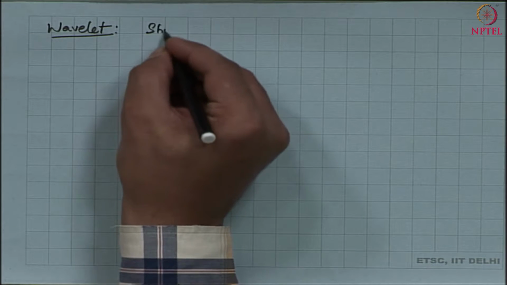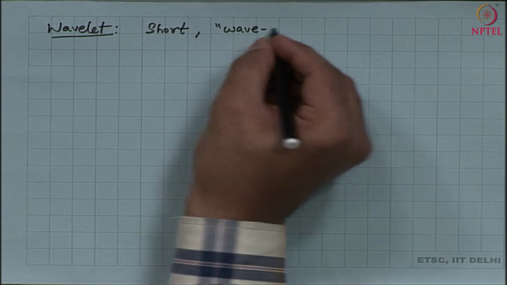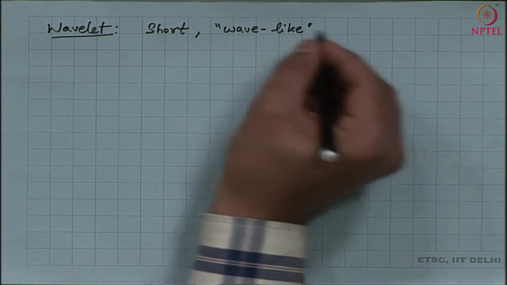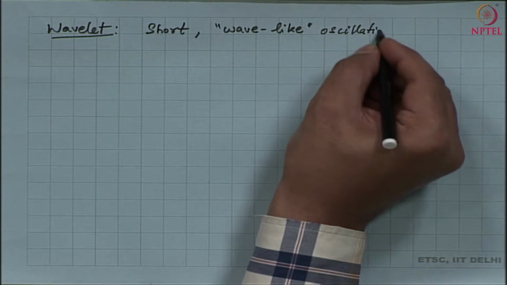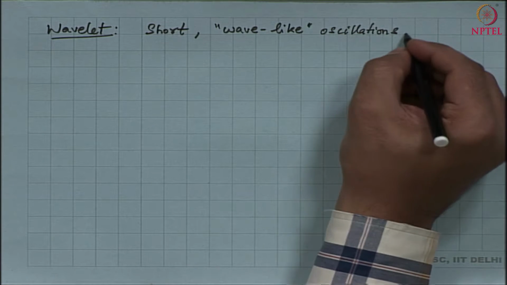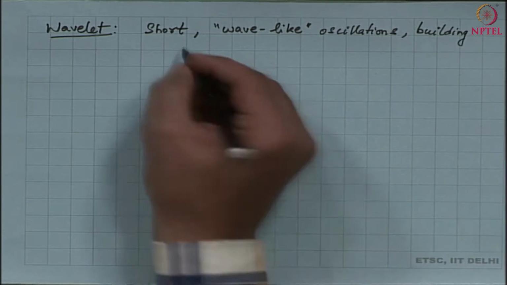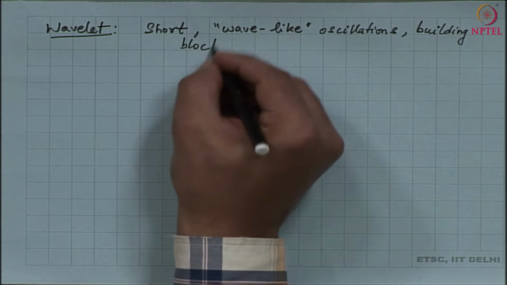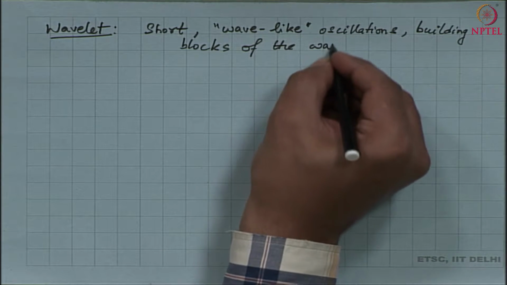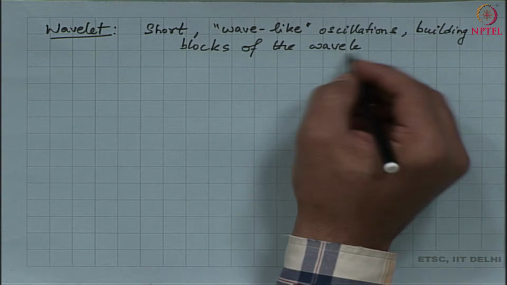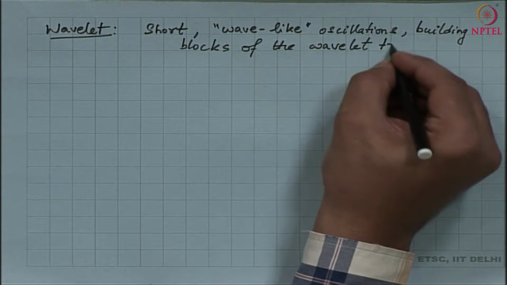These are short wave-like oscillations or pulses. These are the building blocks of the transform. When we construct the wavelet transforms, it is all about a reasonable integration using these wavelets.